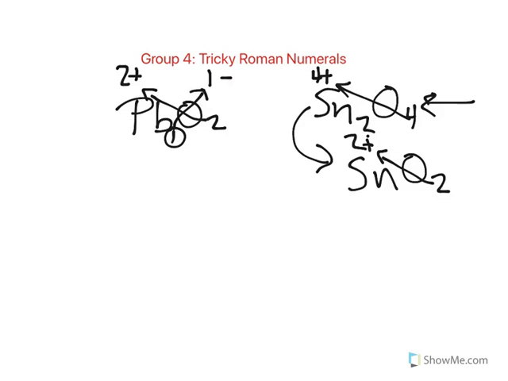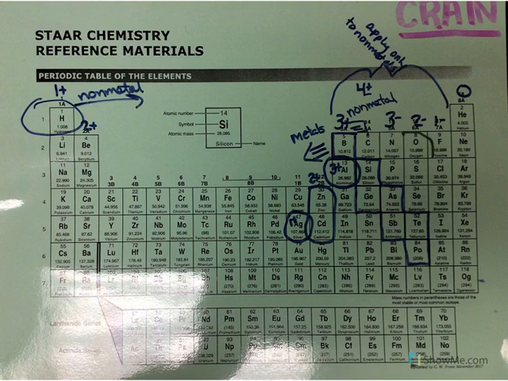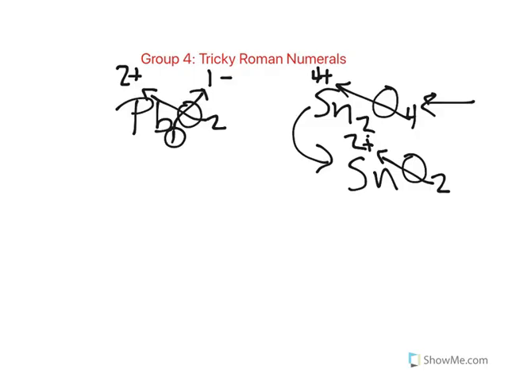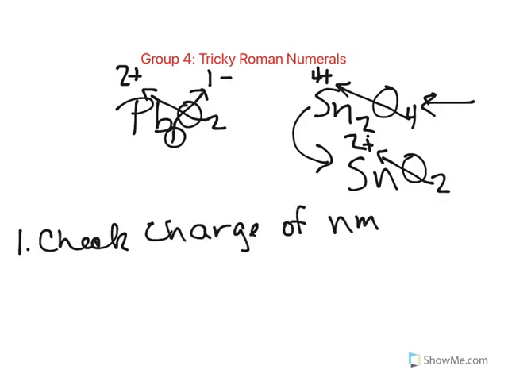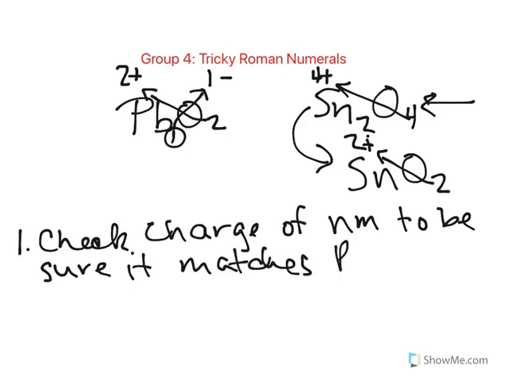If I go to my periodic table and I find actual oxygen, its charge is not 1 minus, it is 2 minus. So when I uncross my crisscross, I need to check the charge of the nonmetal to be sure it matches the periodic table.